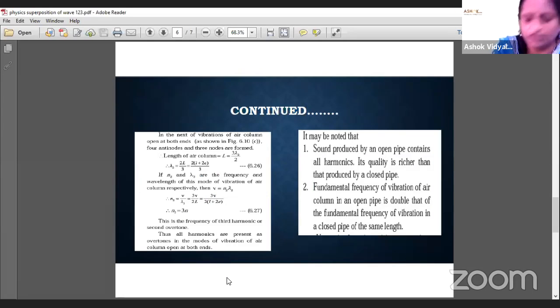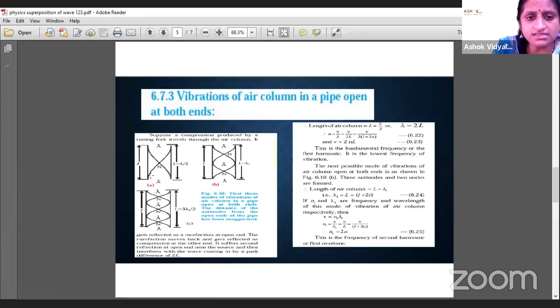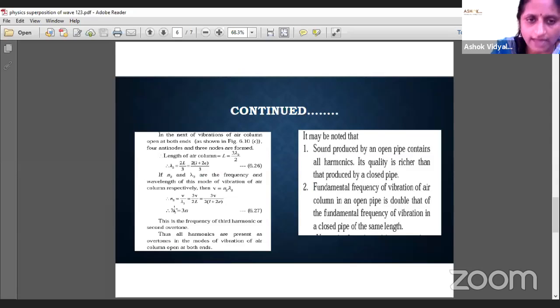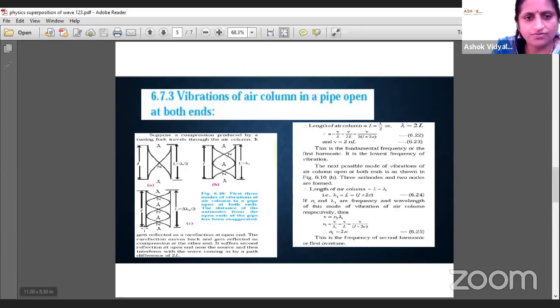Now, see in the last diagram, capital L is equal to 3 lambda by 2. Now see the derivation of the third diagram. In the next mode of vibration of air column open at both the ends, as shown in the third diagram of that PPT, 4 antinodes and 3 nodes are formed. See here, 4 antinodes, 1, 2, 3, 4, and 3 nodes, 1, 2, 3.